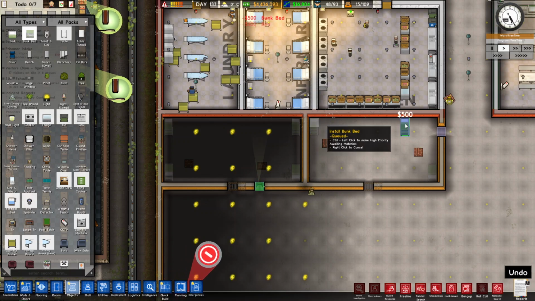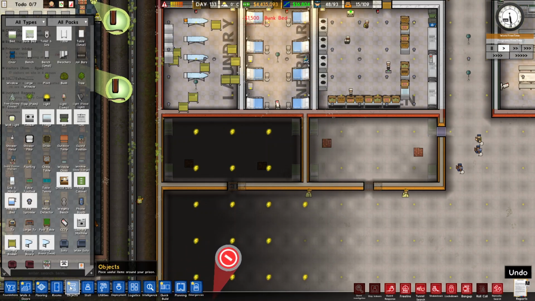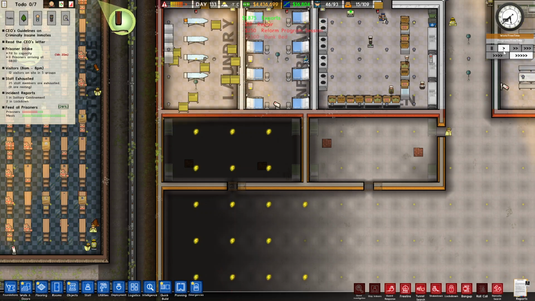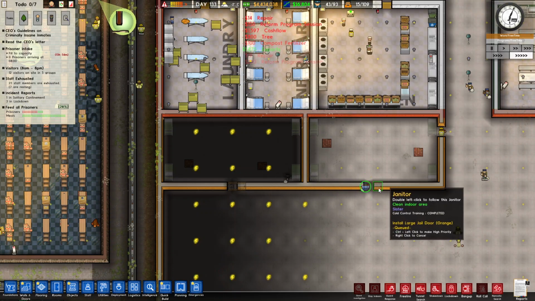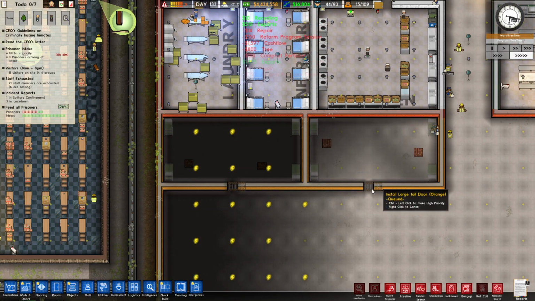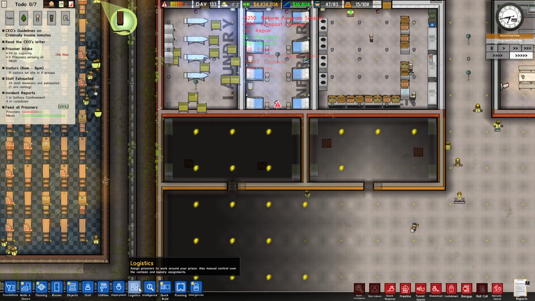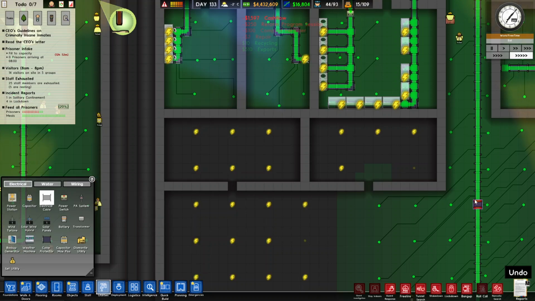Oh, I didn't need to turn that one around. Still nobody turning up. Let's bring our utility cable over. Now we know where the first dormitories are.